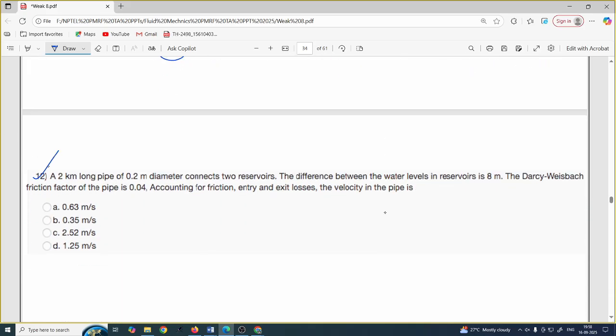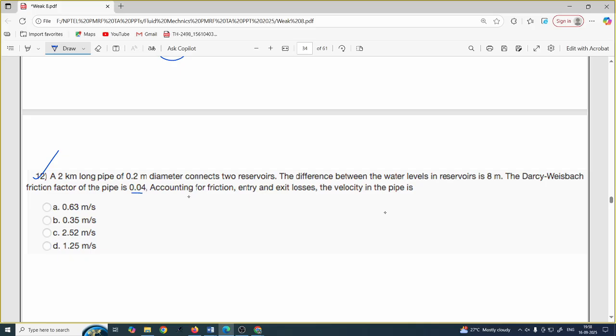Next one: a 2 kilometer long pipe of 0.2 meter diameter connects two reservoirs. The difference between the water levels in the reservoirs is 8 meter. The Darcy-Weisbach friction factor of the pipe is 0.04.